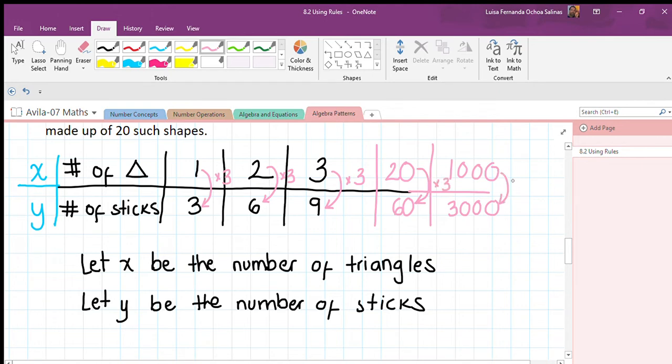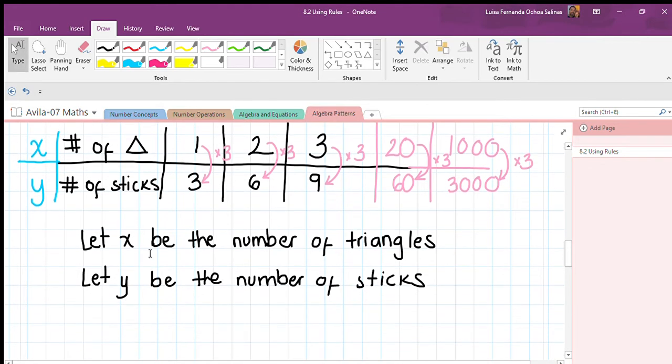So let's try to write this rule. What is happening here? So if we define our variables as x and y, x being the number of triangles and y being the number of sticks, I can say that y equals 3x.